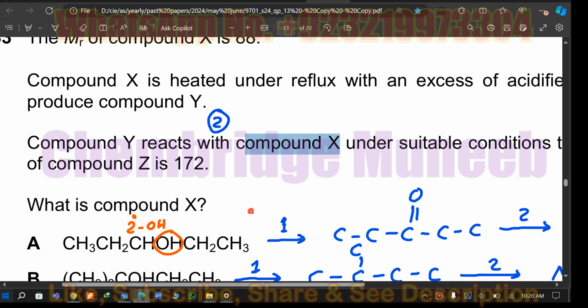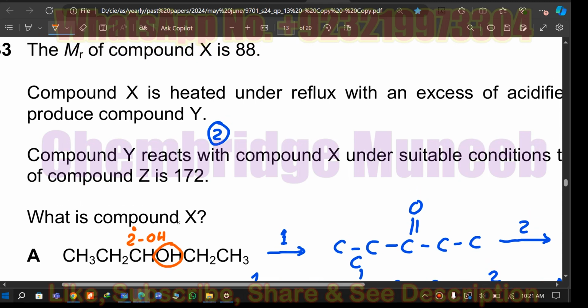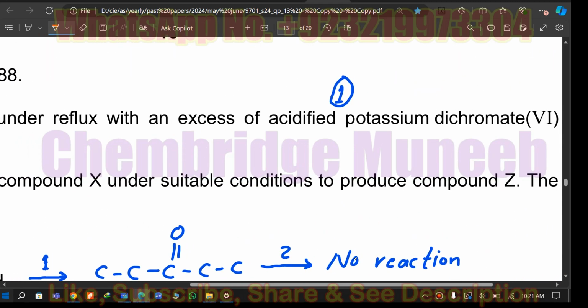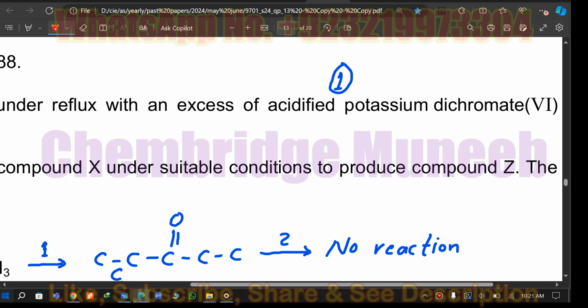What we see here is that this is an alcohol and this is a ketone, so there is no such reaction. Alcohol reaction with the ketone is not possible, so we can write no reaction here.